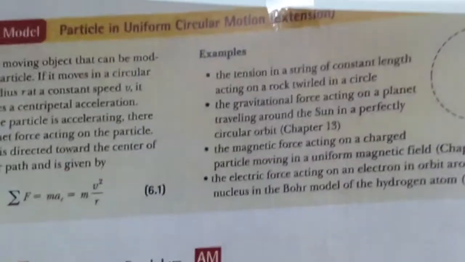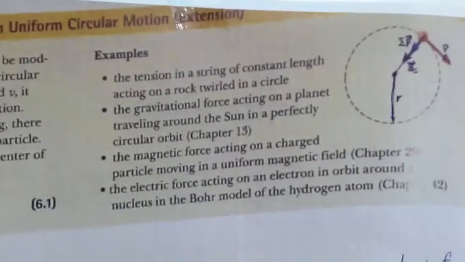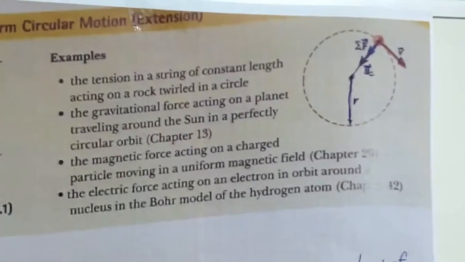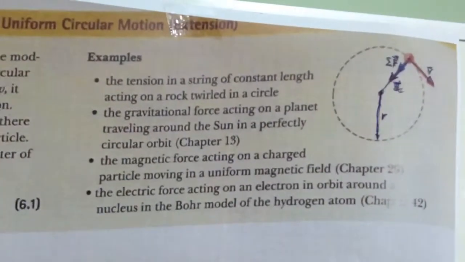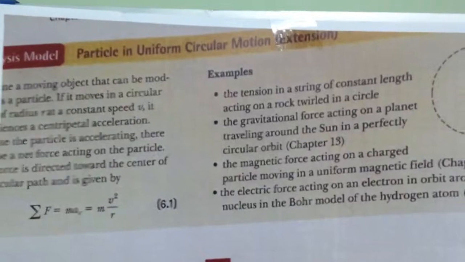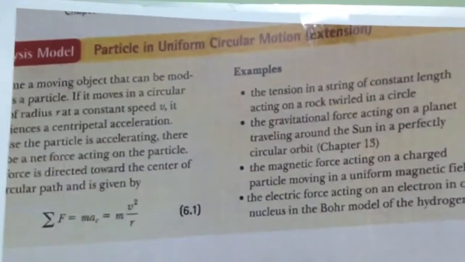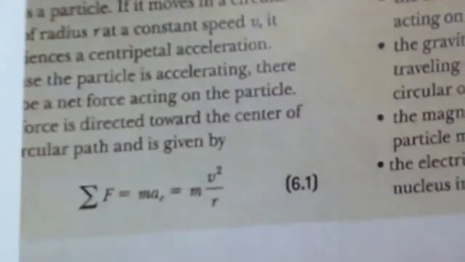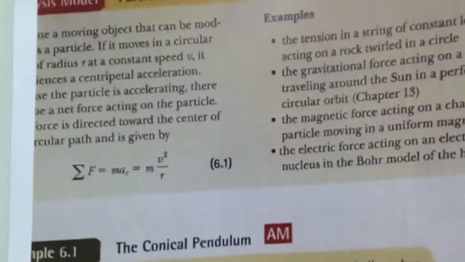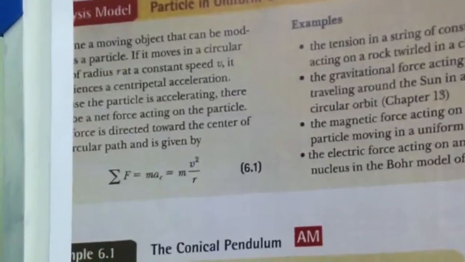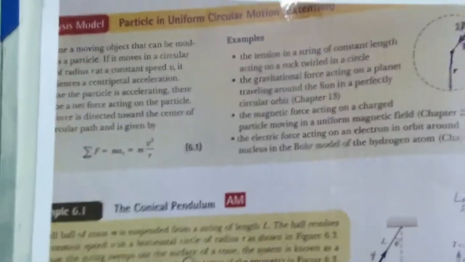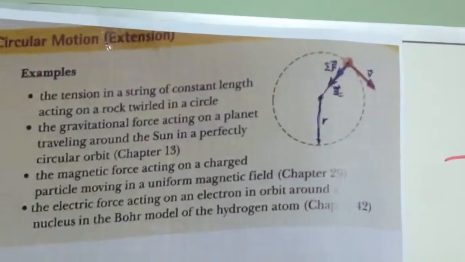And these 3 career fields will require the use of the conical pendulum model and uniform circular motion equations, especially an in-depth understanding of Newtonian physics and F, the sum of the forces, equaling the mass times the centripetal acceleration, where centripetal acceleration is equal to the speed squared divided by the radius of the object.